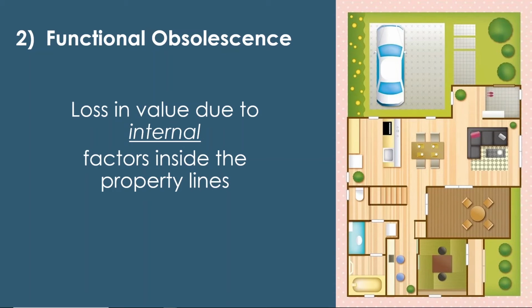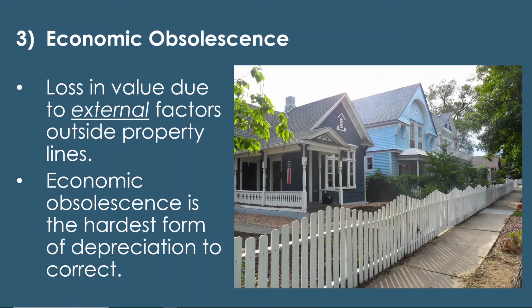Styling issues pretty much, but they're within the property line. And then we have economic obsolescence or external obsolescence. So loss in value due to external factors outside the property line. And this is the hardest form of depreciation to correct. So really important to keep that in mind.